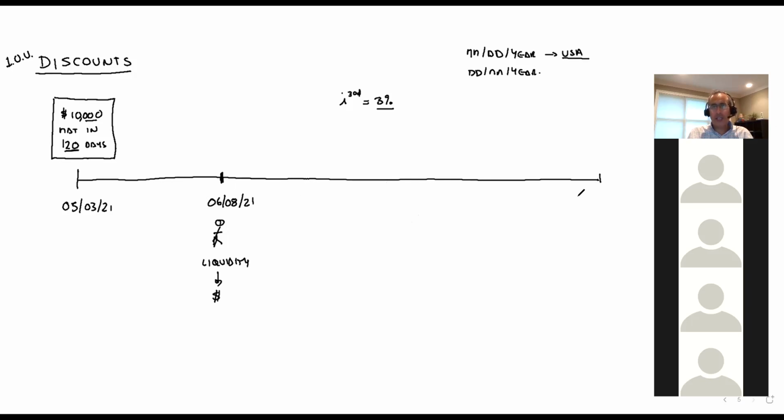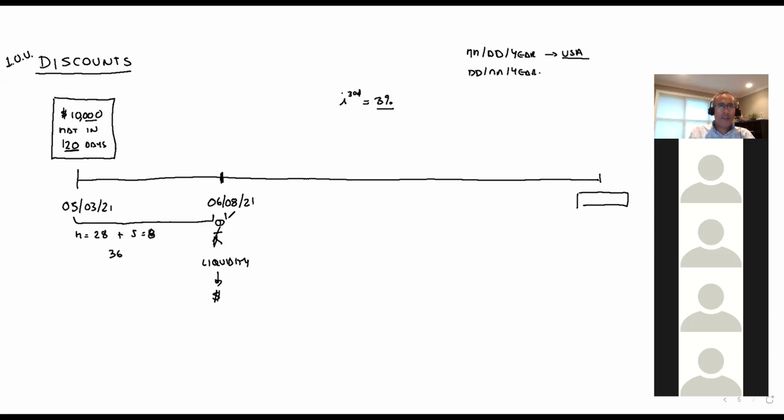So I need to know what date this one here is. First of all, you need to understand how many days we have from here to here. So this is May 3, May has 31 days. So in May, I have 28 days, plus June, I have 8 days. So up to here, I have 36 days.